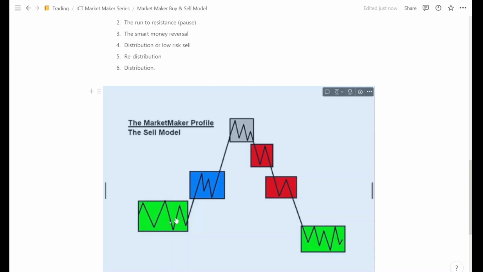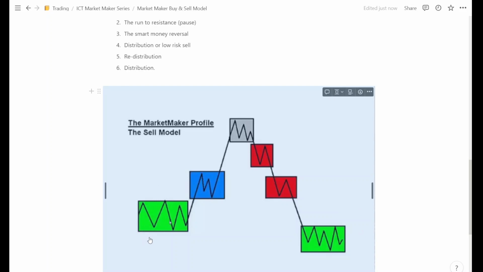Then price consolidates, fails to get into that fair value gap, and runs away from it, and you feel like, oh God, I have missed this move. That is when you should begin to anticipate a potential sell model to come back down to take out that low. And when that low is taken out, you anticipate smart money reversal, the beginning of the second leg of a buy model.